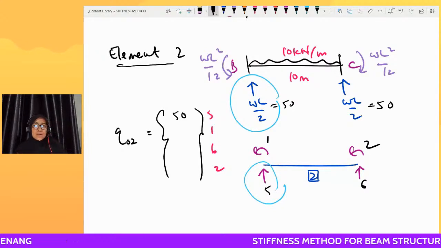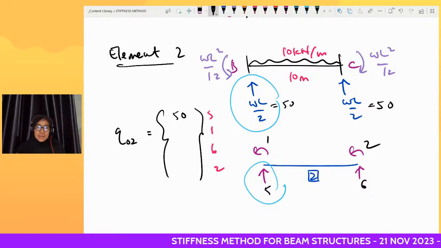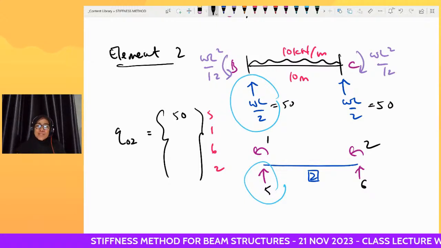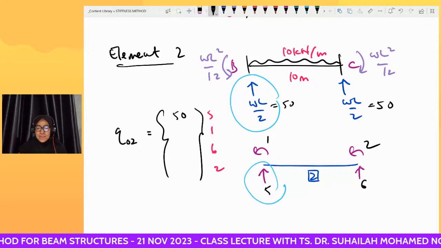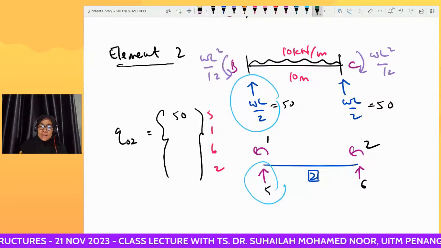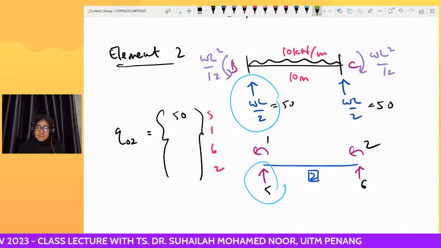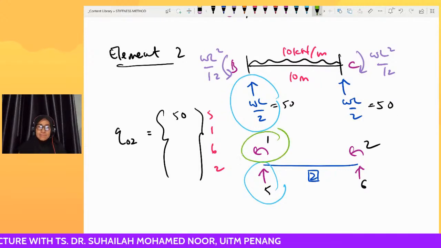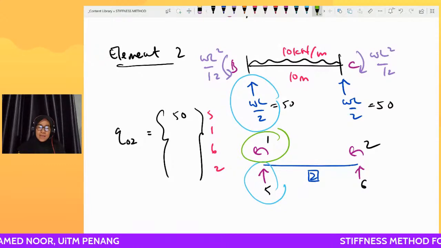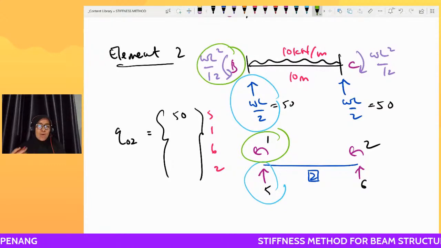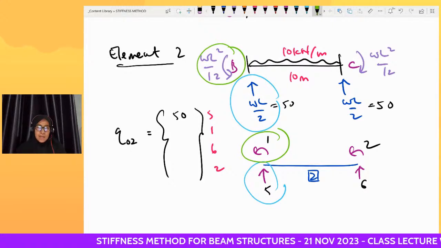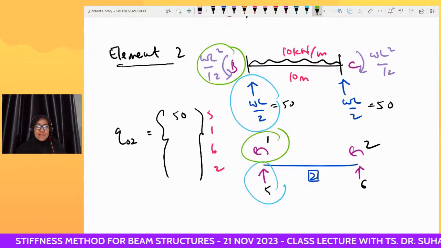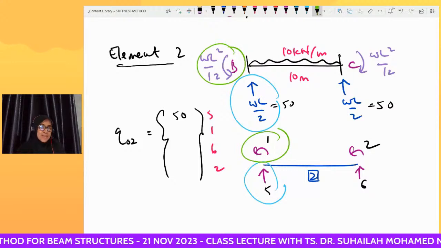Next value, position 1. The value for position 1 is the Z component. Previously it was the Y component, now it is the Z component.